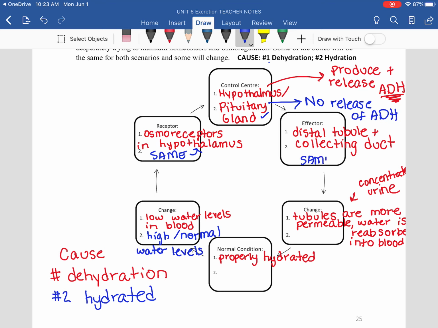The effectors are still the same, but because there is no release of ADH, that means the tubules are kind of left alone, and the tubules are naturally less permeable to water. So less permeable, which means water is not reabsorbed.